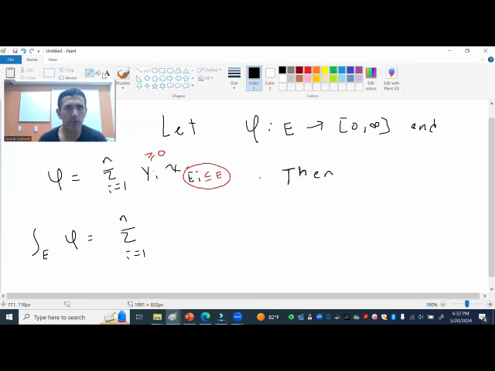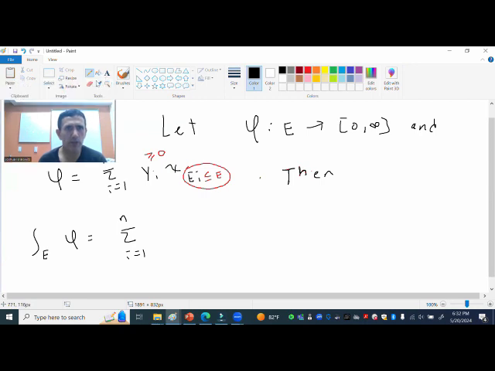Certainly these are simple functions. Obviously, each one of these here is itself a simple function. So we can just integrate each term in the sum, pull out constants.